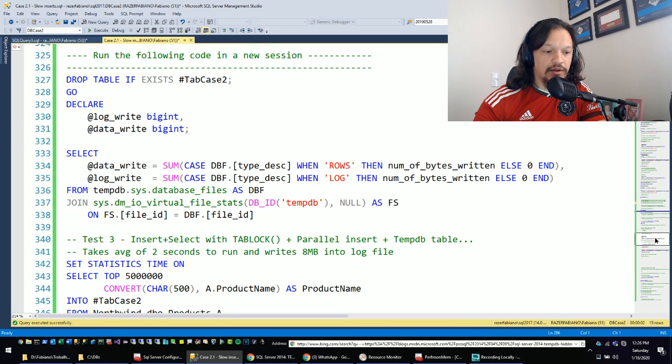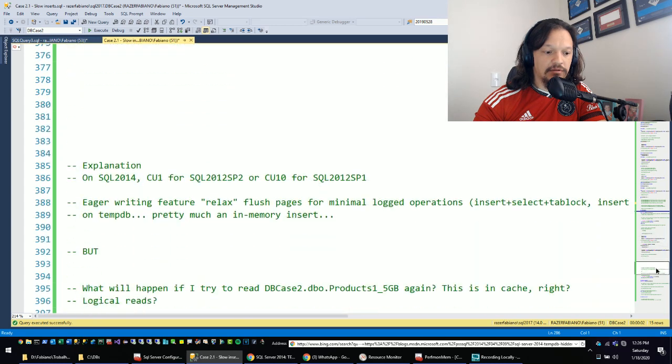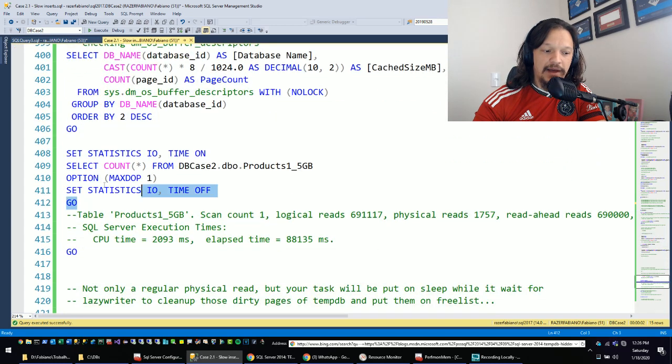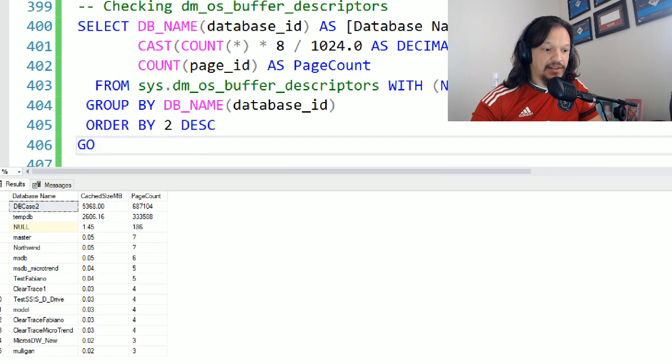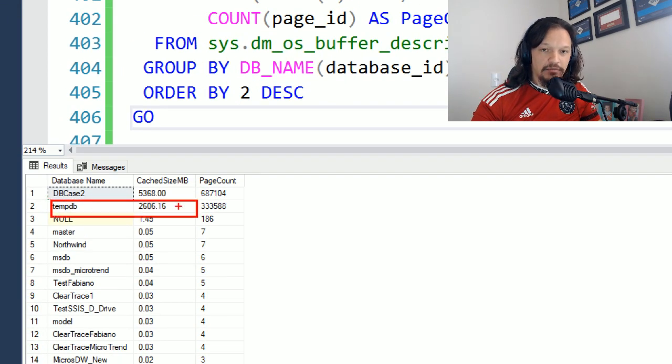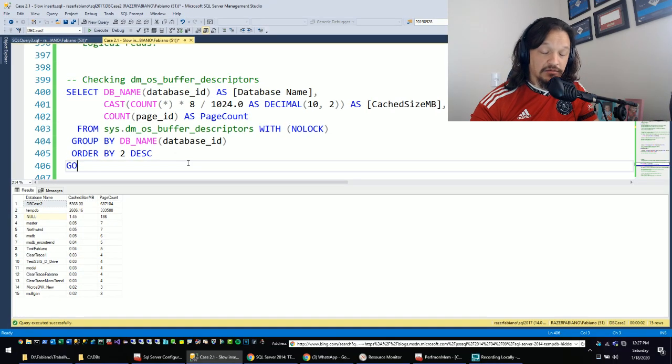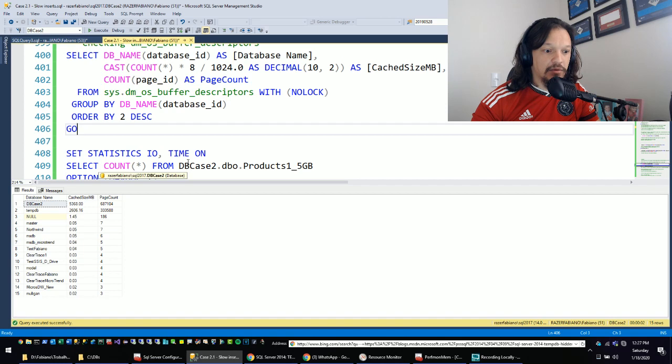But if I do it now, I would expect it to read those 5 gig from cache, right? But that's not the case here, because you saw that tempdb needed those pages, and it had to remove the data from the cache. And that means if I read the table again, that's going to trigger some physical IO operations now, because it has to read from the disk again, because the data is not available in memory anymore.